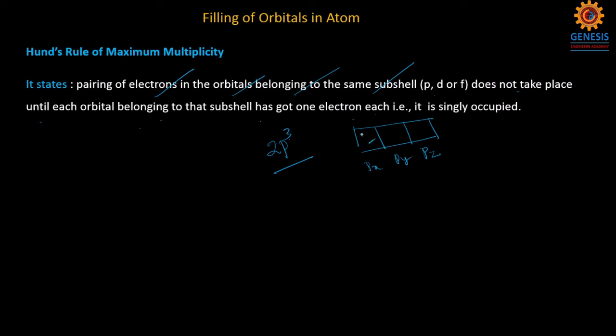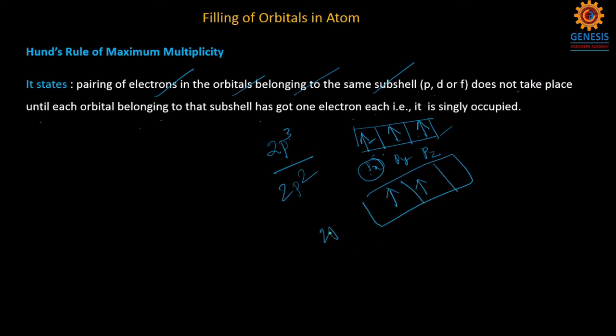We have to fill like this only, until each orbital of the subshell is filled, that is, px should be filled first. If it is 2p2, suppose, there are only 2 electrons, so one orbital is vacant.